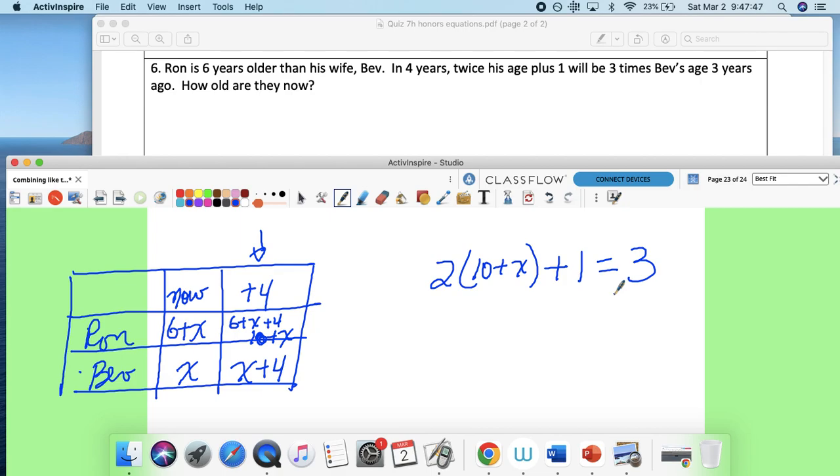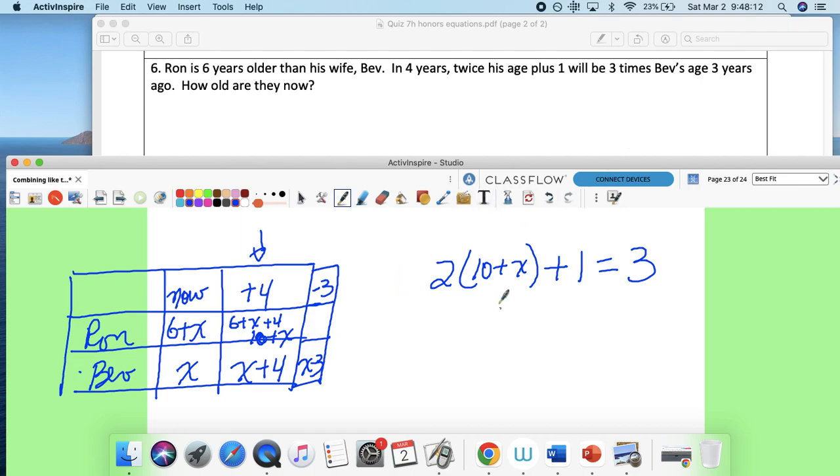Hang on a second. How old are they now? Okay, so I need to do one more column and read the complex sentence. So 3 years ago, Bev is going to be X minus 3. So I needed that extra piece of information.